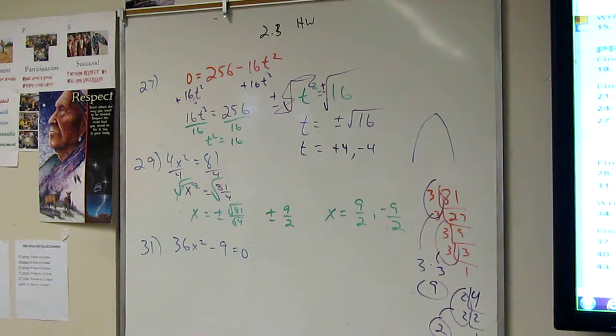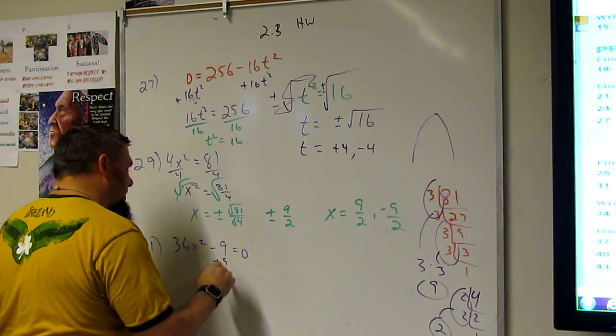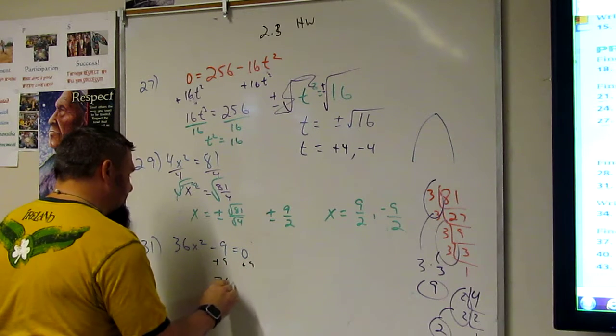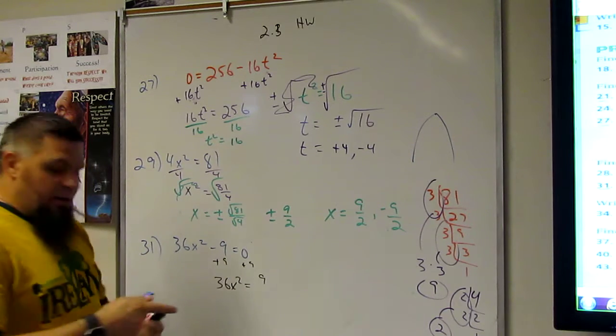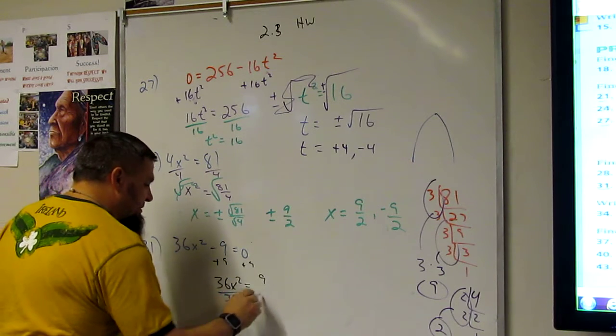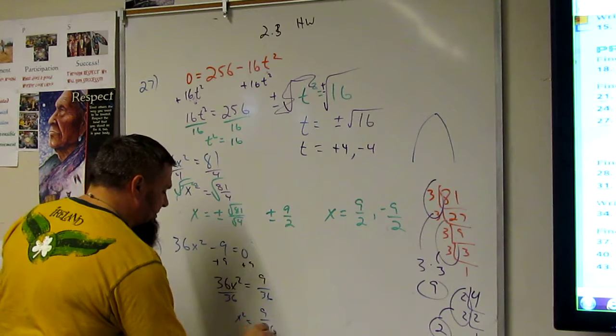And the reason I'm showing you that now is because sometimes the square root isn't perfect. In this case, it's going to be. So in this one, I'm going to add 9 and add 9. So I get 36x squared equals 9. Then I'm going to divide by 36. Divide by 36. I get x squared is equal to 9 over 36.